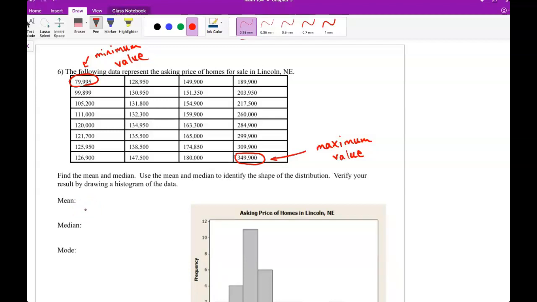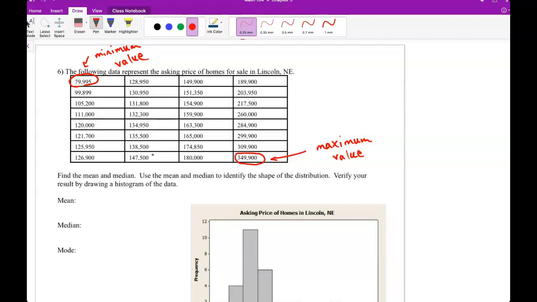So first, for the mean, you need to add all these numbers, or you can use a calculator. Stat, exactly what I did in example number 3. So press stat, then enter data in the first column L1.